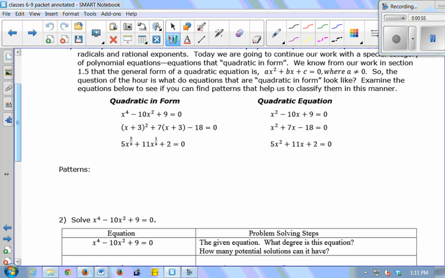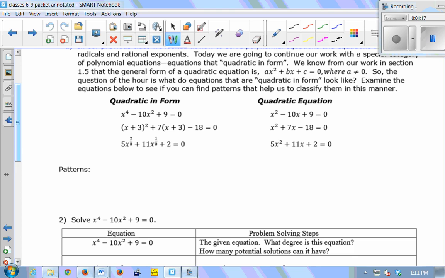For each of these equations that are in quadratic form, I've listed a quadratic equation next to it. What do they have in common? So we have x to the fourth minus 10x squared plus 9. And then I have x squared minus 10x plus 9.